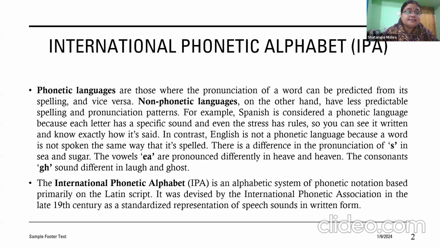Now, what is the stress pattern? You will come to know in a while. So each letter has a specific, corresponding sound, and how the total word is pronounced can also be predicted by the way the word is written. So you can see it written and know exactly how it is said.